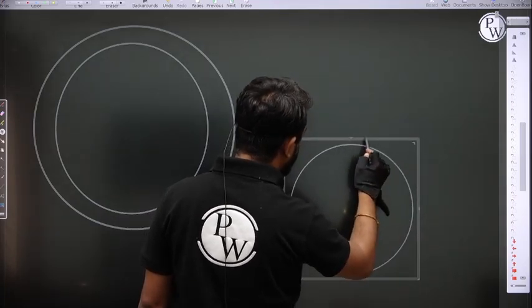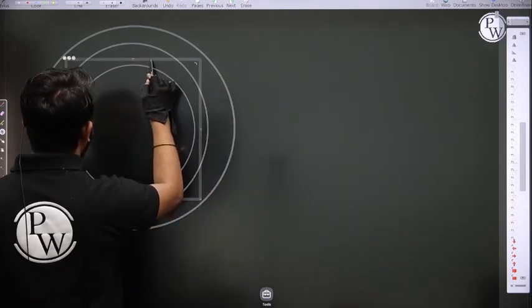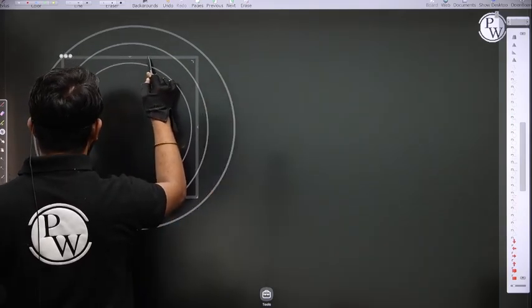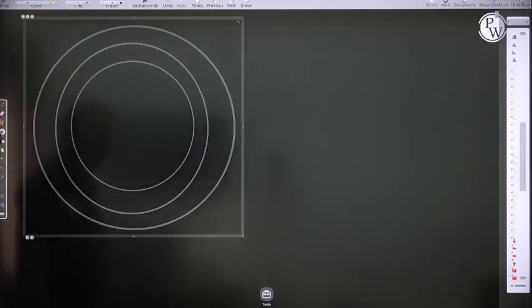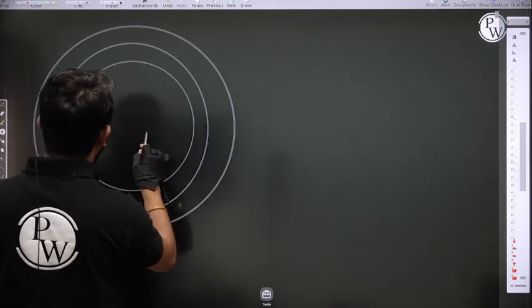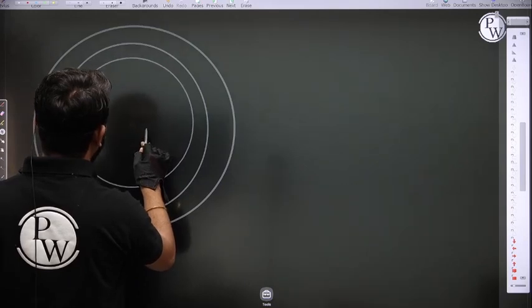Okay, so this is the composite cylinder. Composite cylinder means cylinder made of more than one material.